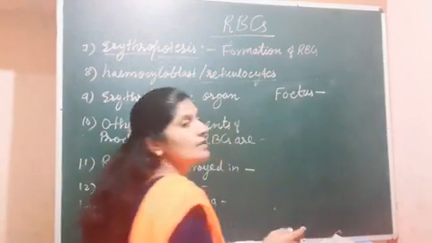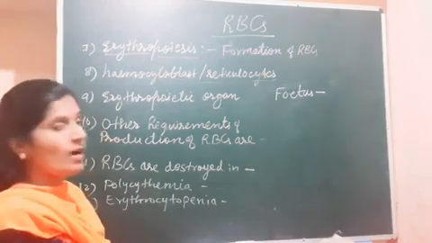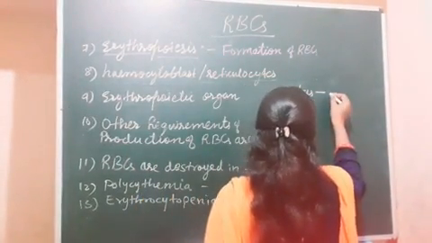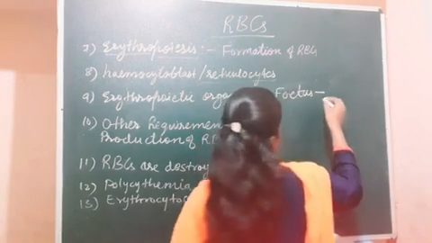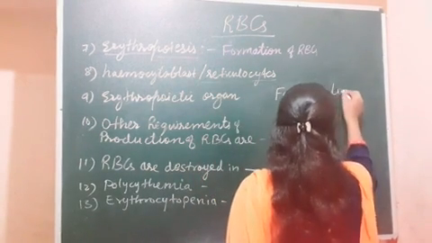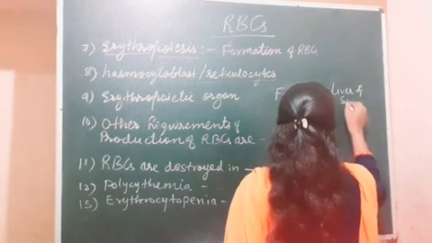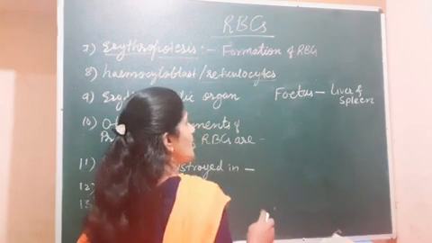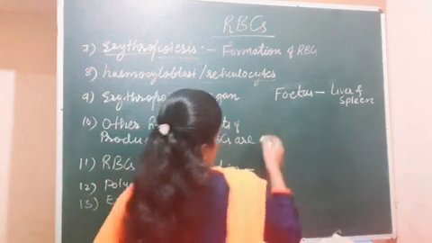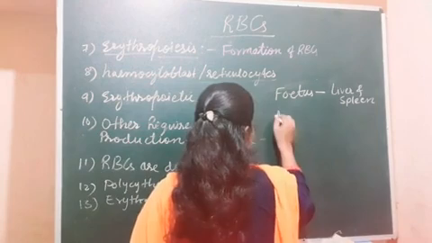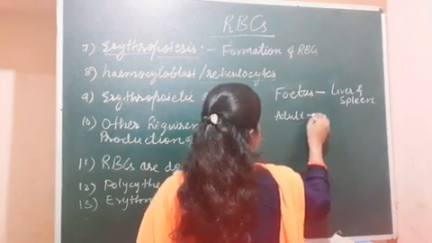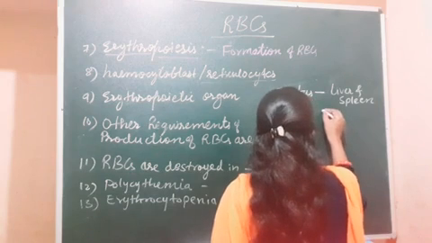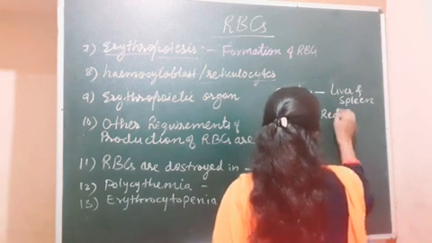Fetus in the sense, still it is present in the womb of the mother. It is called fetus. In the fetus, blood is formed from the liver and spleen. These two are the erythropoietic organs in the fetus. In the adult person, RBCs are formed in the red bone marrow.